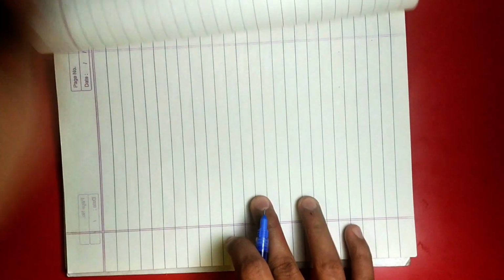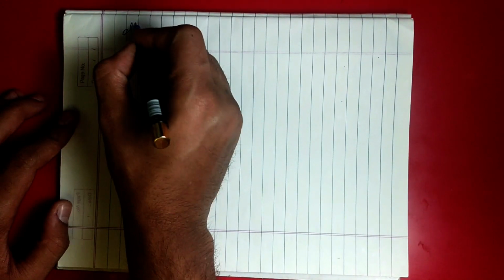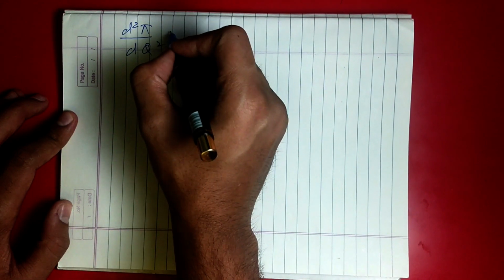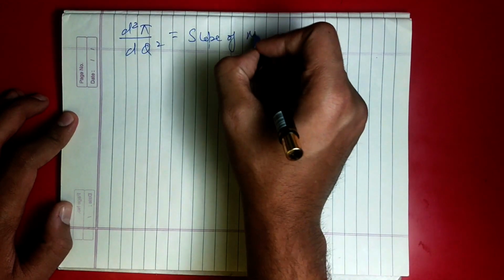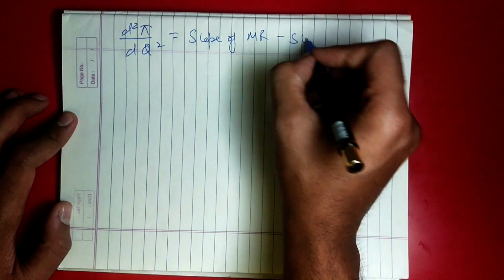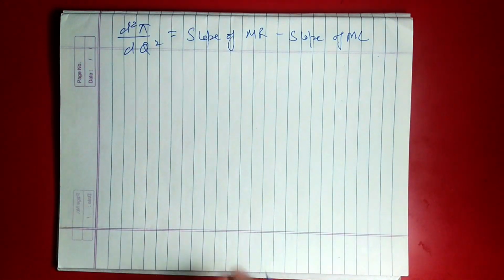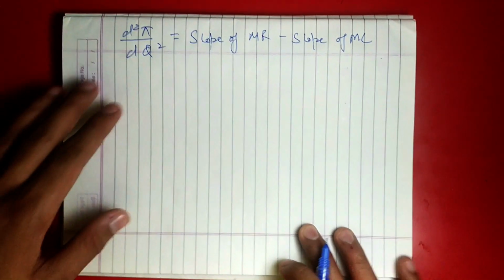Now we'll check the second derivative, right? So now we'll differentiate it again. d2 pi by dq square is equal to, what will it be? Slope of MR minus slope of MC. So you know, to maximize the equation we have to put the second derivative less than 0, right?